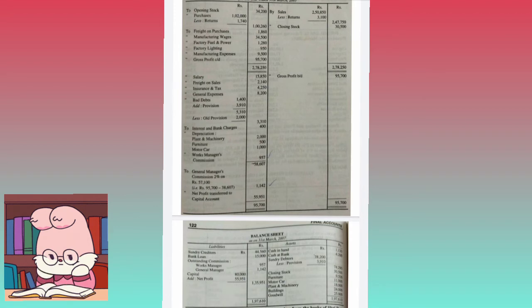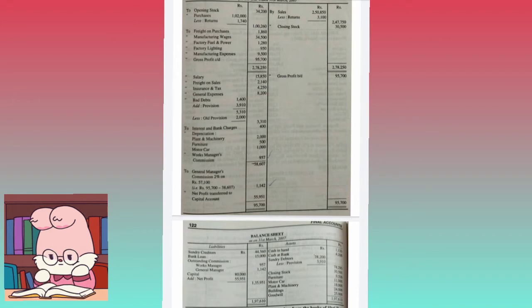See, we are having provision for bad debtors credit balance of 2,000 in the trial balance. This credit balance you can take on the credit side of the profit and loss account, or else you can deduct this amount from the bad debts.